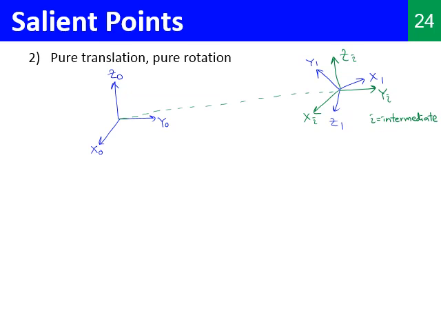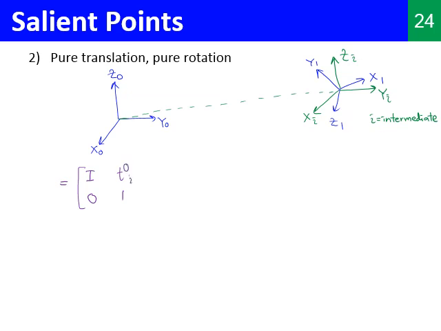So shall we write that? So this equals, first a pure translation, therefore the rotation does not change, so it would be I01, and the translation would be T0I, right?